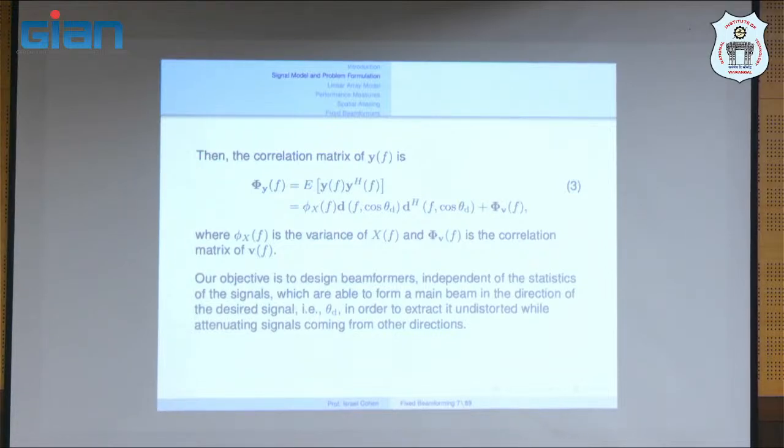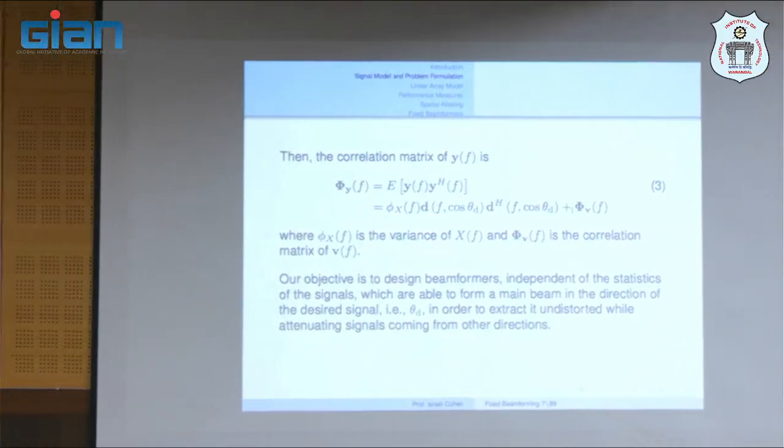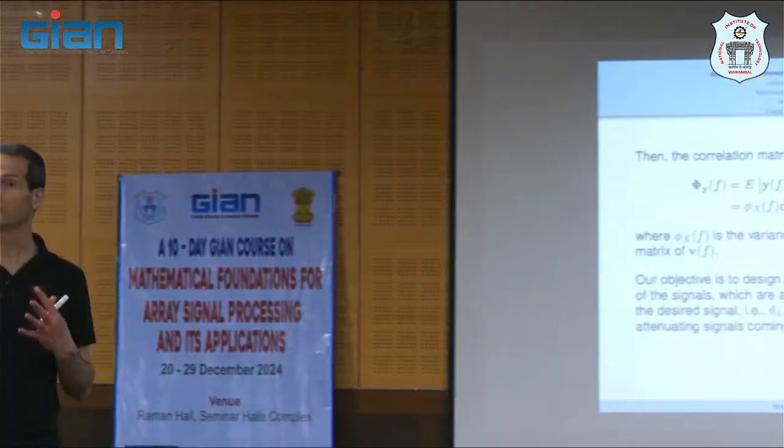Plus the correlation matrix of the noise, which we don't know. That's why we will optimize the beamformer with respect to white noise, maybe with respect to diffuse noise, maybe with respect to a combination, and so on. Because we need to assume what the noise environment is. We don't know.